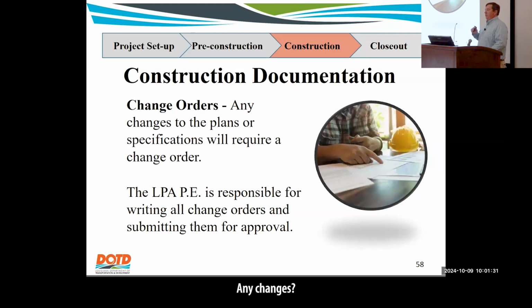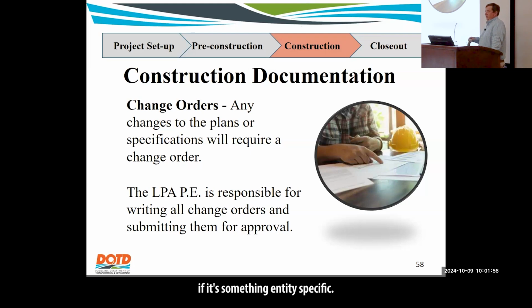Change orders: any changes to the plans, to the specs, require a change order. The PE is responsible for writing those change orders and submitting them for approval. You must have a DOTD approver on there, so they can make sure that, yes, it is something that is reimbursable by FHWA.